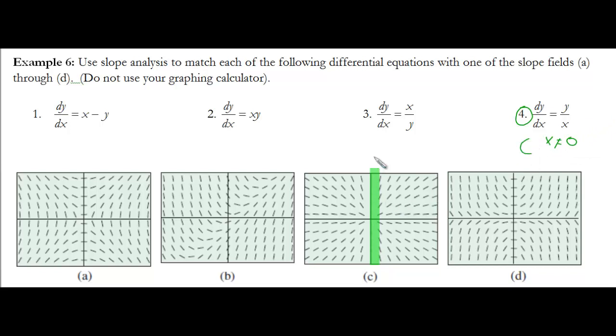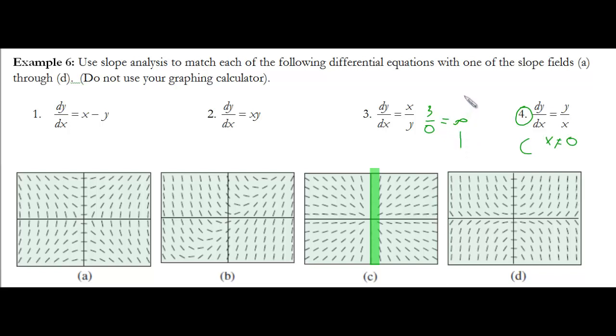All right, so maybe we'll go to number 3 next, and we'll say that when x is, let's say, 3 and y is 0, we notice that you can't divide by 0, but actually a number over 0 really equals infinity. So if you notice here, for various values of x, when y is 0, you get an infinite slope. And we know that lines that have infinite slope are vertical lines.